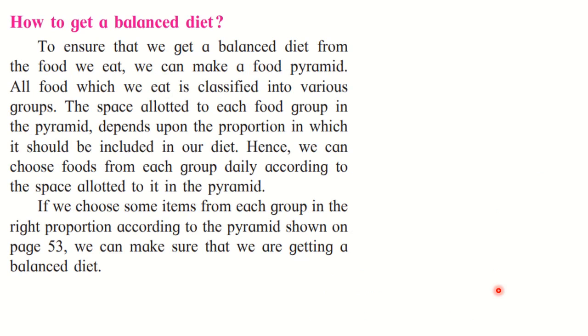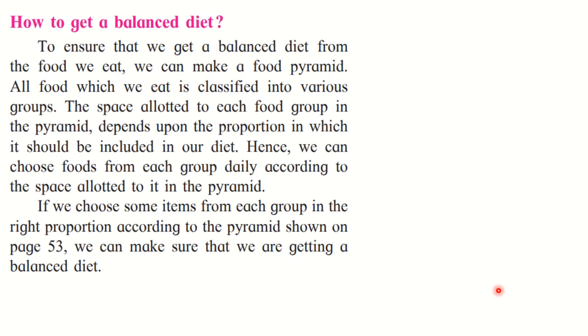What are the sources of balanced diet, or how to get a balanced diet? Okay, here in our daily diet we have our lunch, we have our dinner, we have our breakfast, correct? So in all these 4 meals or 5 meals a day, whatever we are taking, we should contain all nutrients in proper proportion.